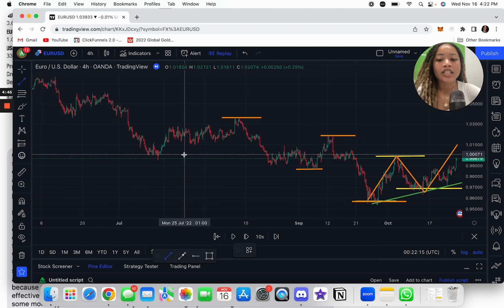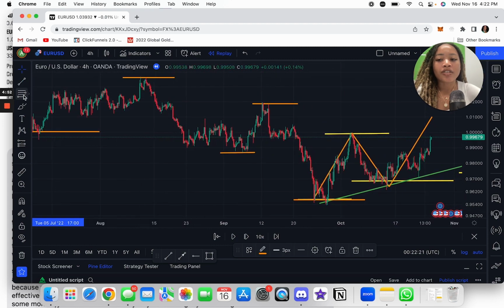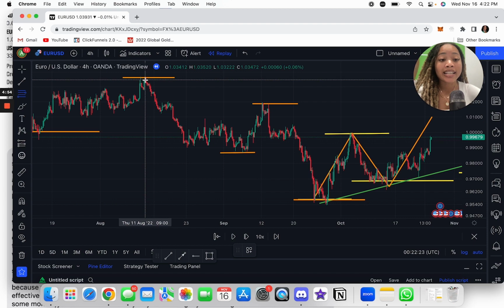Even looking left, same thing. Low, high, right? Now, when you add your Fibonacci, and like I said, we're not going to get into Fibonacci in this particular video, I just want to show you guys this is how I see where the market is going to go, where I'm supposed to be getting out.